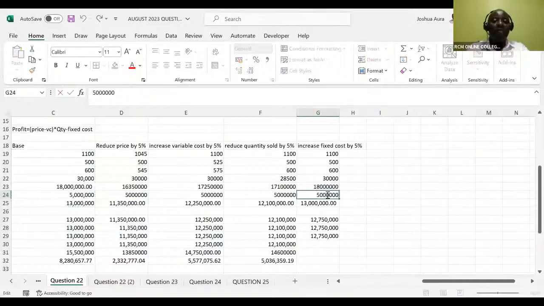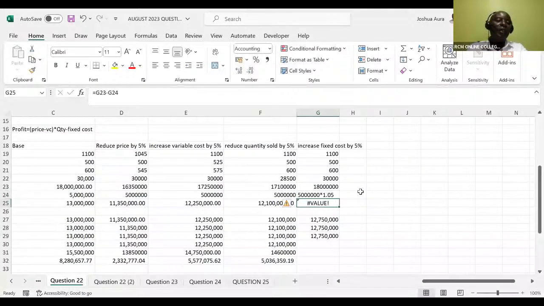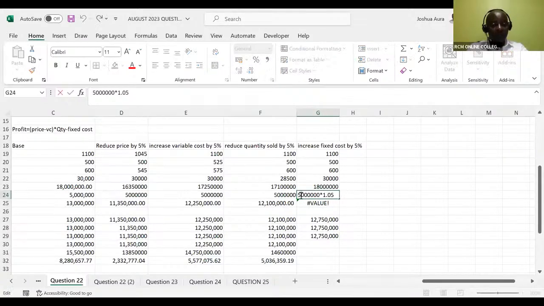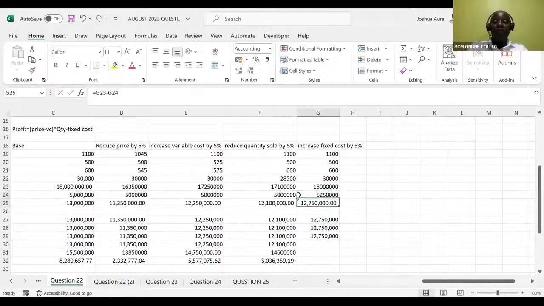Made it live by saying F2. Then I said I'm increasing this by 5%, so times 1.05. Of course, it can't go anywhere if I don't say equals here. If I say enter, it will just remain like that. To evaluate it, you must come and tell us equals there. So we have enter like that. So then I'm getting this profit like that.